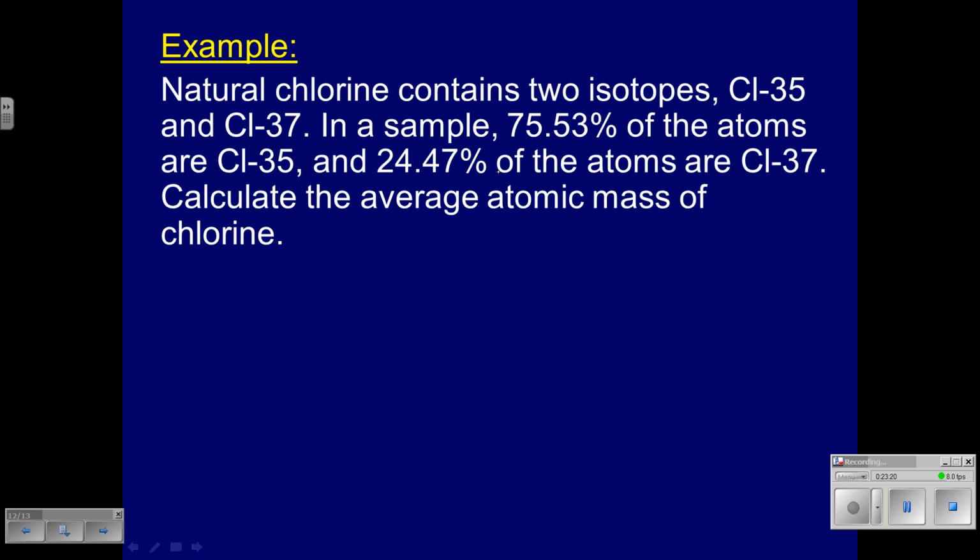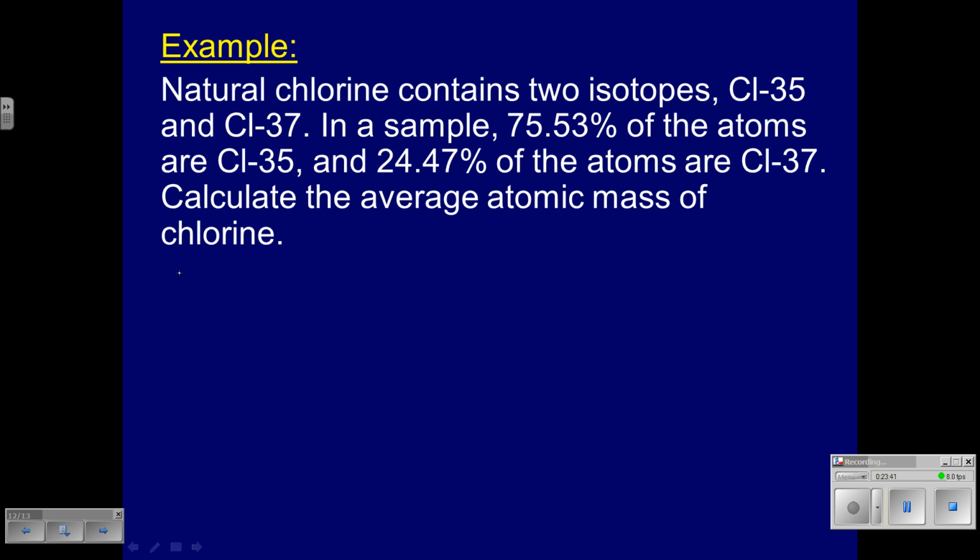The average of the two numbers is 36, but that's if we had 50-50, and we don't. We've got 75-24. So we need to take into account these percentages when determining the average atomic mass.